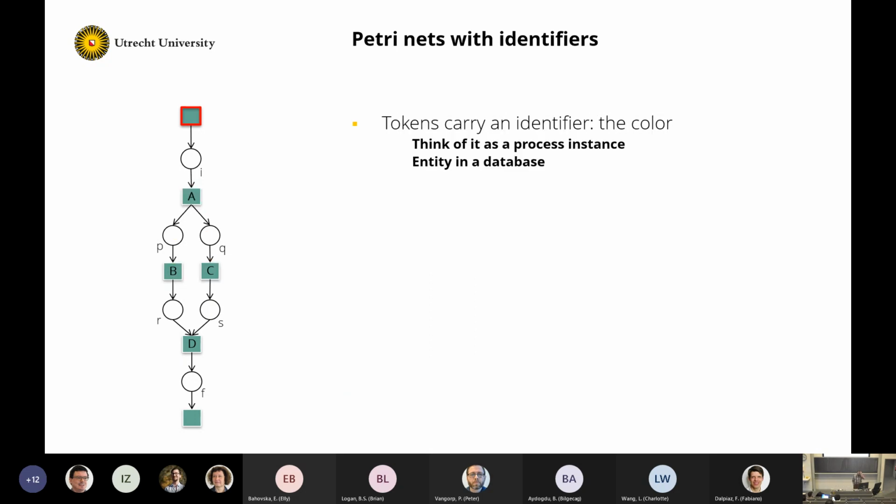And think of those tokens as a process instance, the entity in the database. You could also talk then about resources. So, for example, I could say, well, transitions B and C are in some kind of critical section. There's some mutual exclusion going on.